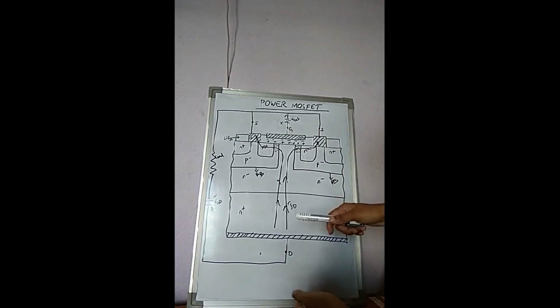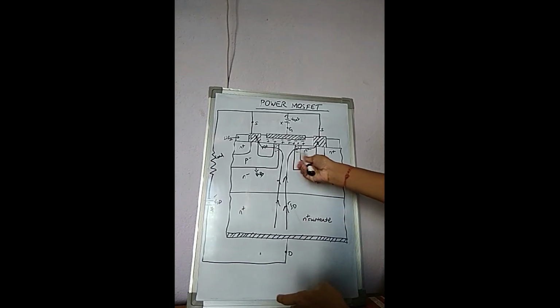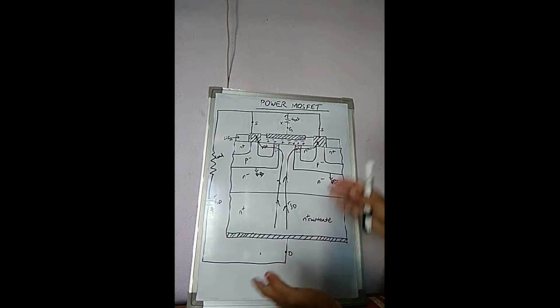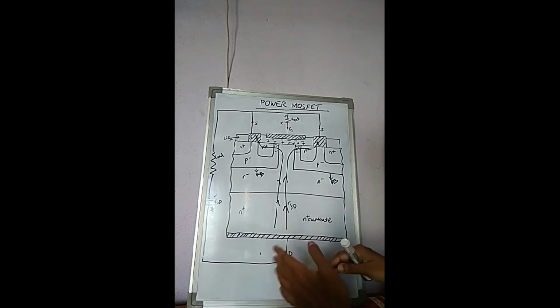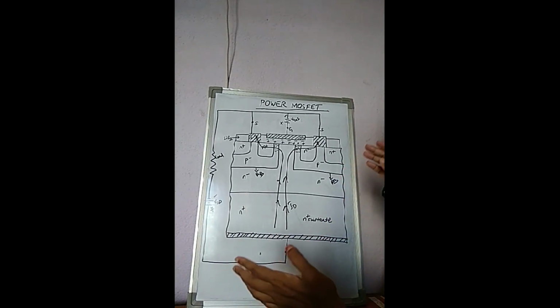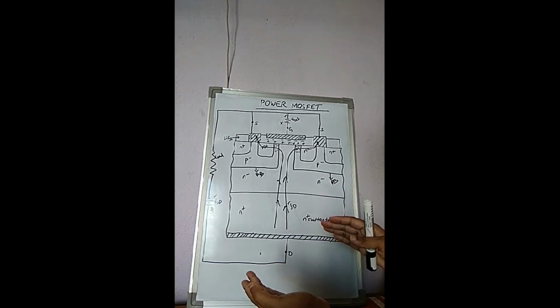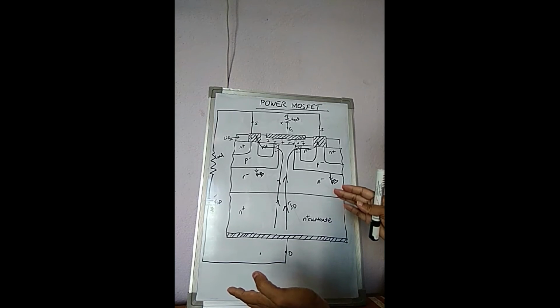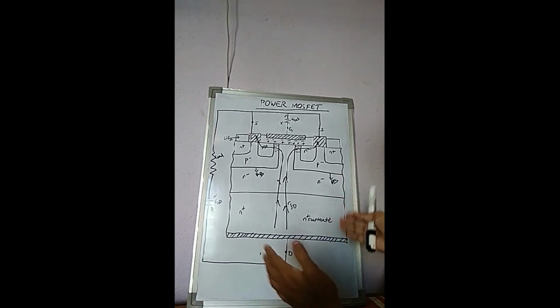In the previous construction, the length of the N channel is greater, maximum. That's why, due to the greater length, there is large on state resistance, and due to the large on state resistance there is high power dissipation during conduction.